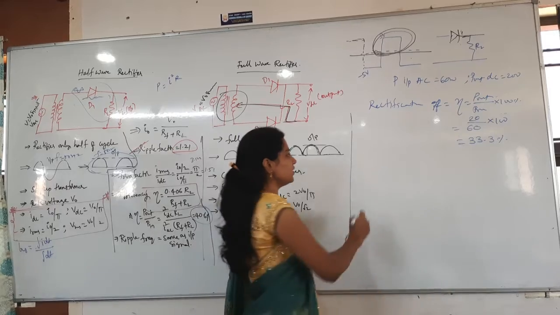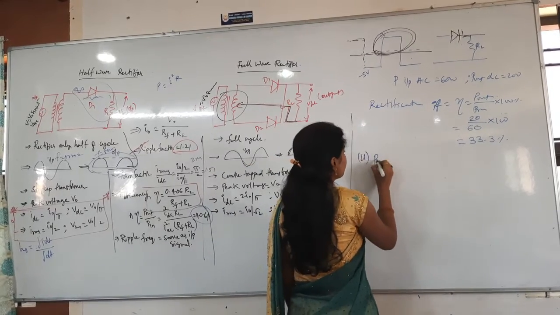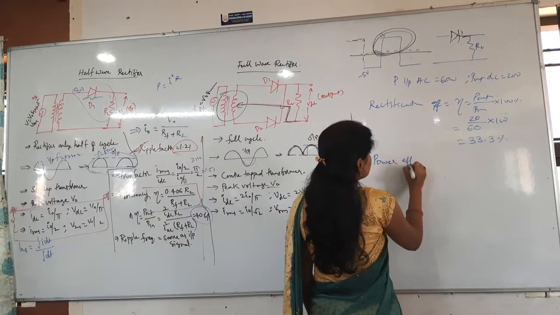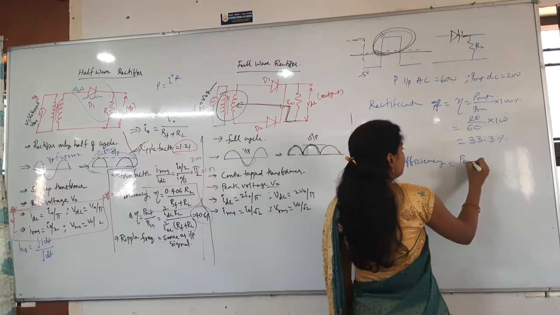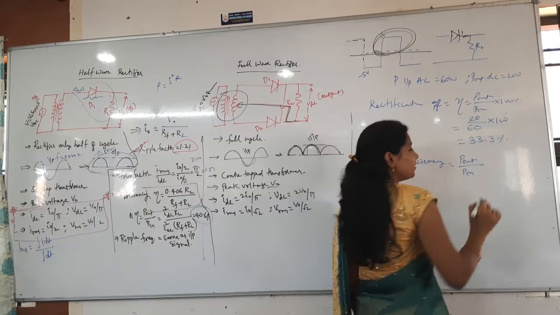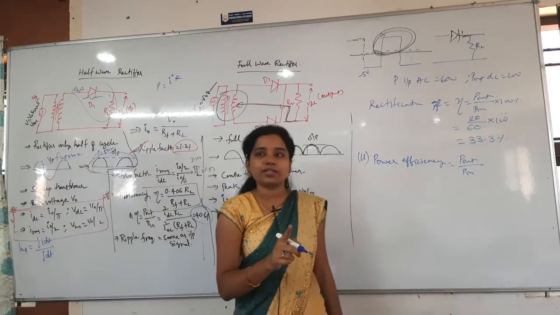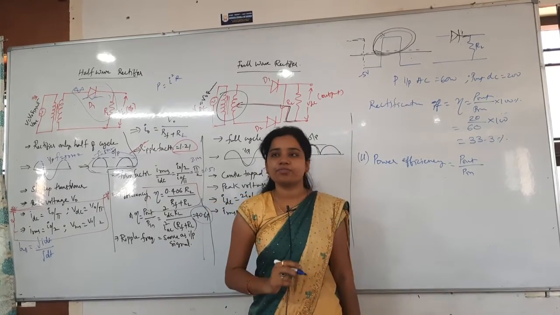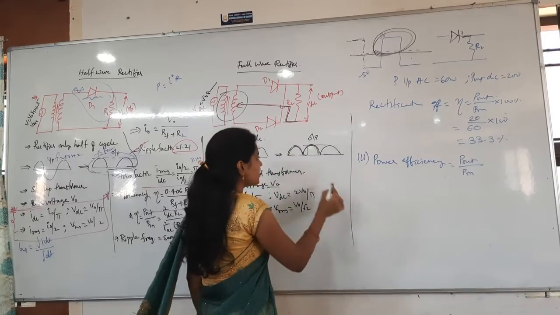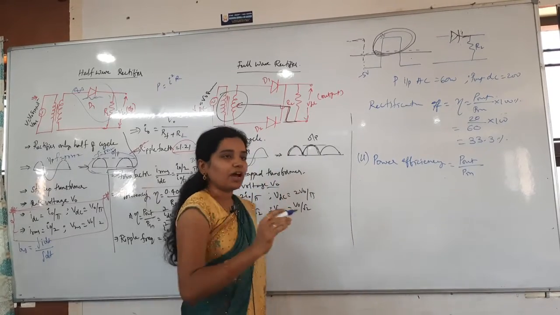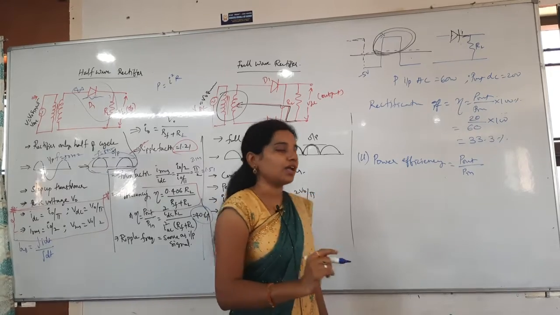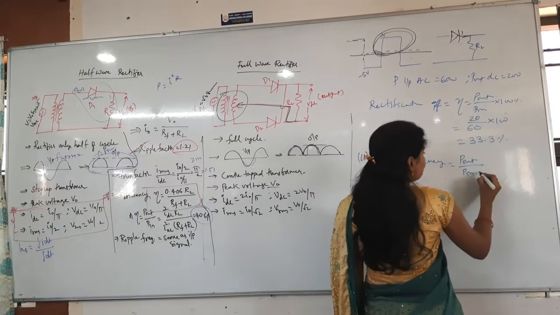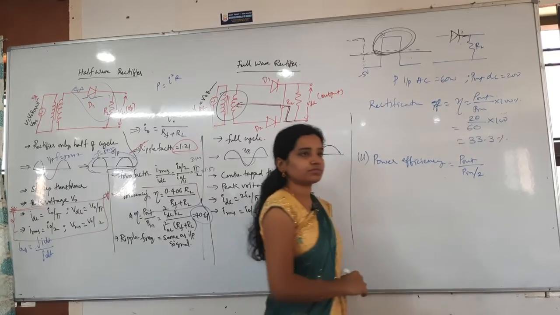The next question is power efficiency. In this, the formula is again P output by P input only. But it is very important which rectifier they have given. I have given the full cycle of input, but a half wave rectifier will take only half of the input signal. So P in by 2 you have to do.